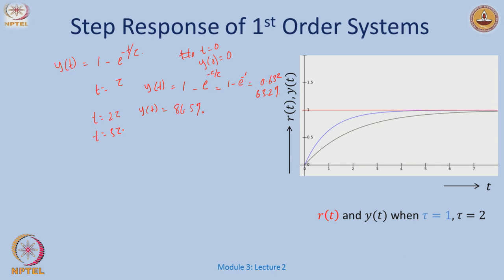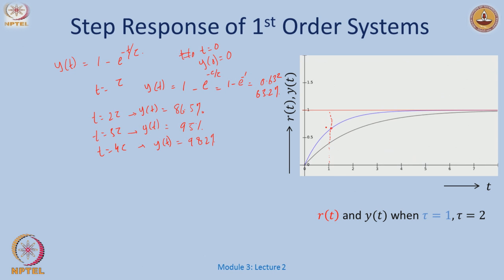For 3 tau, y of t would be about 95%, and at 4 times the time constant, y of t is about 98.2% of the steady state value, which is 1. I can just plot this here: at t equal to 1, for the blue line this will work nicely. So, this is the 0.632 point.